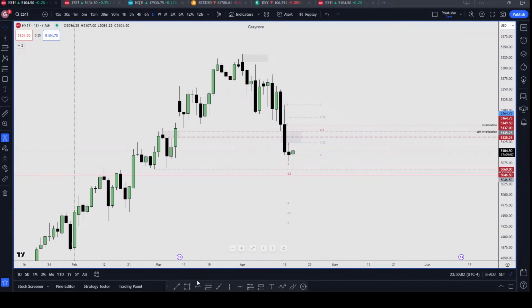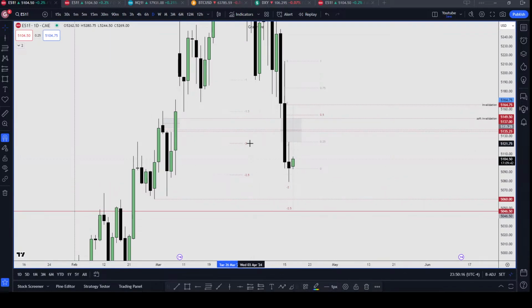So as of now, if you take this high to this low, we're way beyond the projection levels. And if I were to really force it, let me just use this last manipulation leg, right? We are around 2 to 2.5.